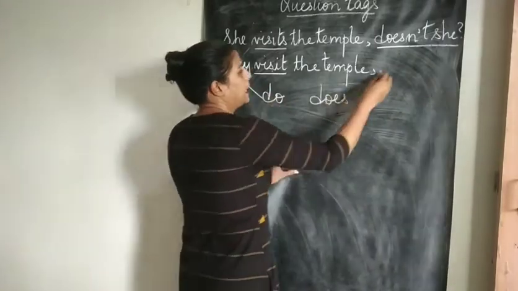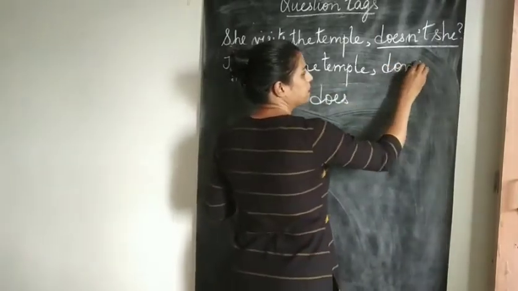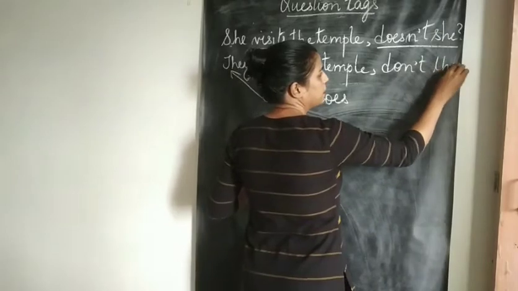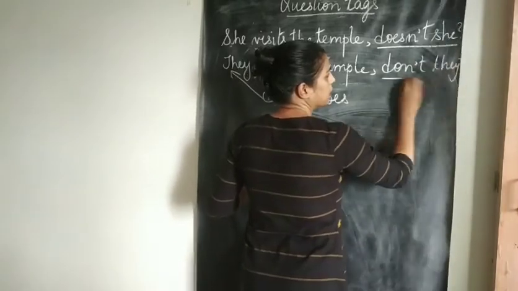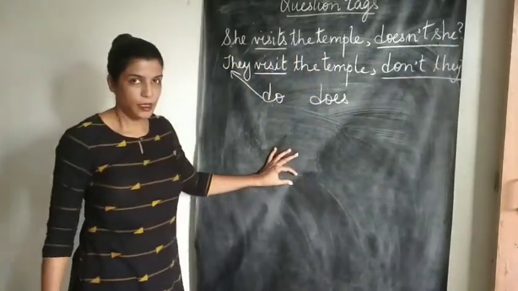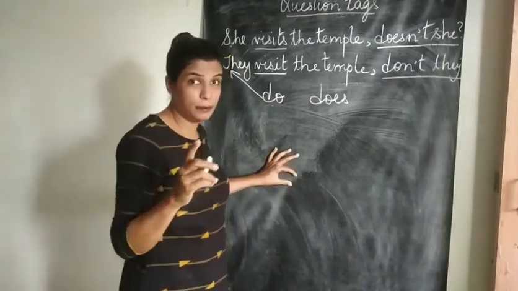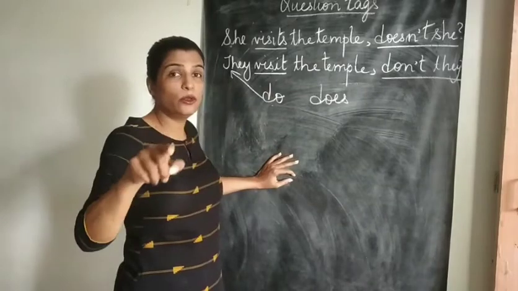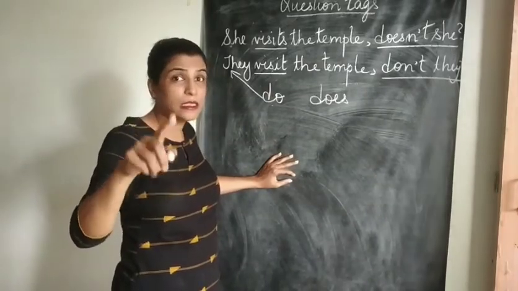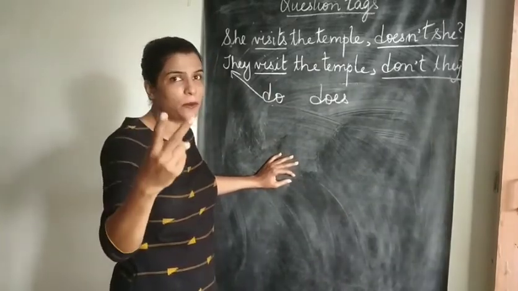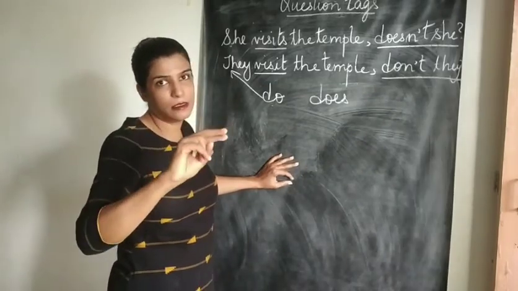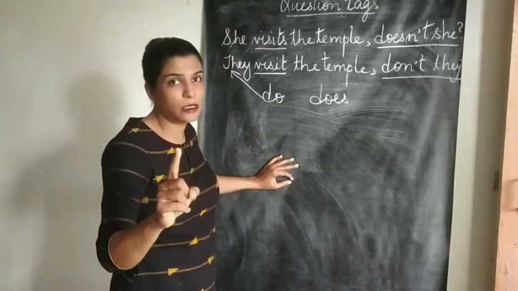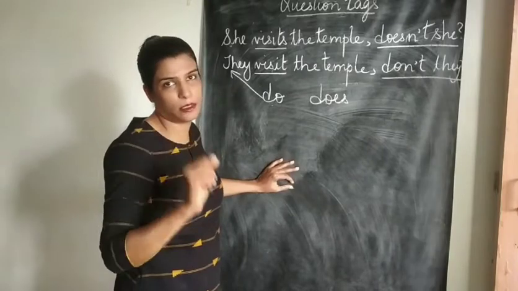So I would say, don't they? Question mark. So this is how you will pick up your question tag. Looking at the tense of the sentence, if it is in present tense, you have two options: does or do. Does for singular subject and do for plural subject.